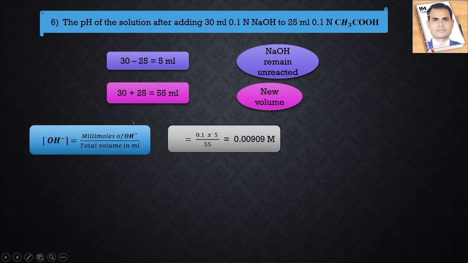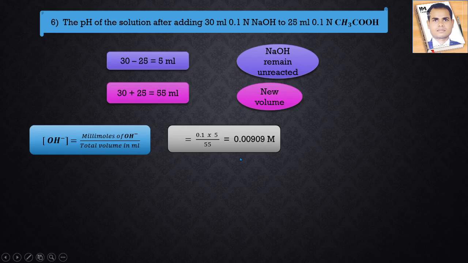So we again take the same formula for the calculation of OH minus ions: millimoles of OH minus ions divided by total volume in ml. You take these values: 0.1 into 5 divided by 55. After calculation you will get 0.00909 molar.